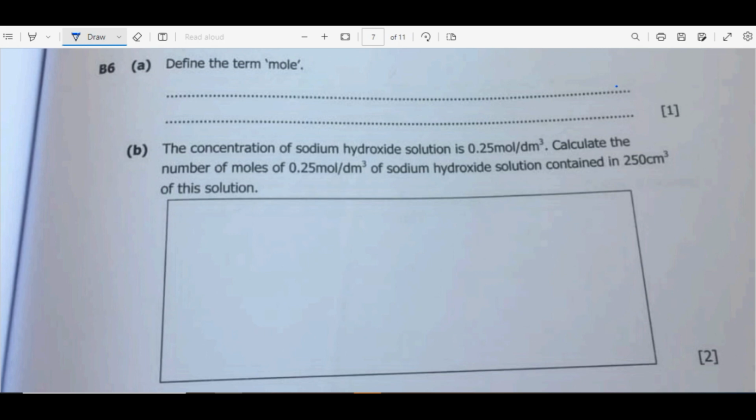So the mole can be defined in so many ways, but we are going to use some simpler language here.